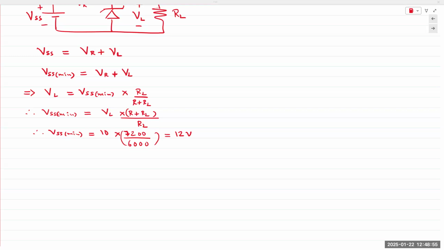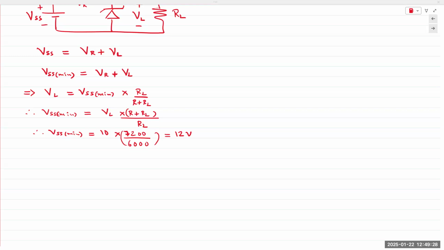If you supply 11 volts or 10 volts, for instance, that 10 volts is going to drop across RL and R, divided across both of them. And so if your Zener diode is 10 volts and your supply voltage is 10 volts, it's not going to turn on. If you supply 11 volts, some of it is still consumed by the resistor R, some of it goes to the Zener diode and RL, it still wouldn't turn on.